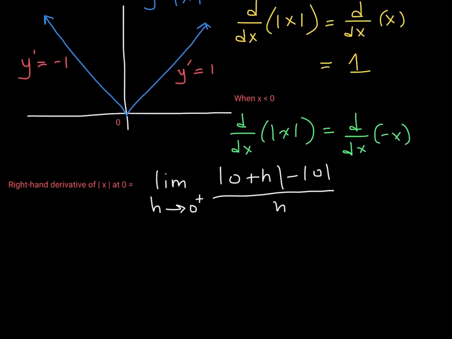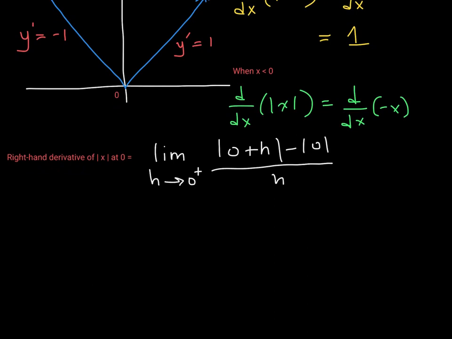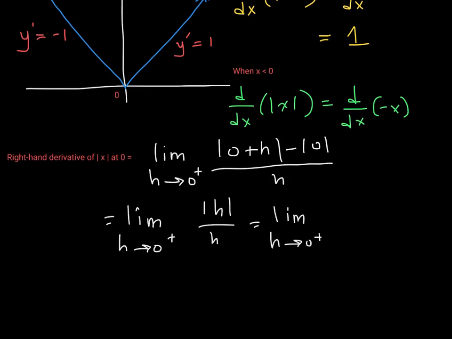This is equivalent to the limit as h approaches 0 from the right of the absolute value of h over h. But remember that this is to the right of 0, so your x values are positive. So therefore, this is equivalent to the limit as h approaches 0 from the right of simply h over h.